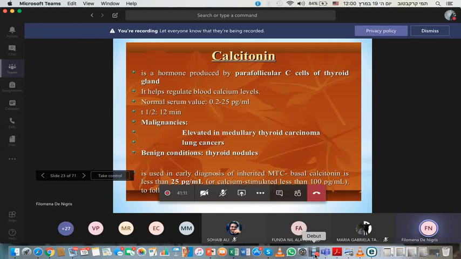Only biopsy, fine needle aspiration, and analysis of the biopsy with immunohistochemistry can give you the best indication of how to treat these patients. Sometimes surgery, sometimes not, sometimes they need chemotherapy and other kinds of treatment.